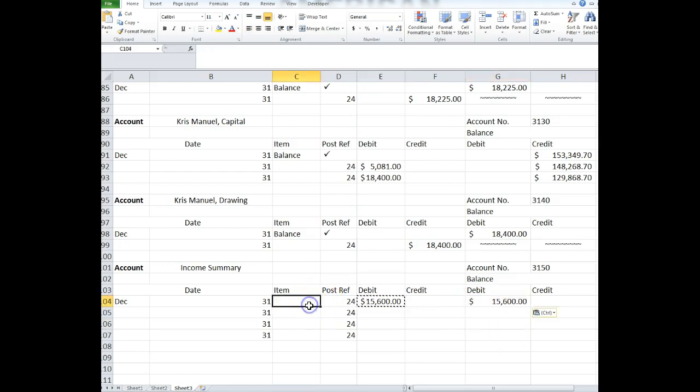The only thing you write in the item is balance if there's a balance on it. Okay. $275,60.